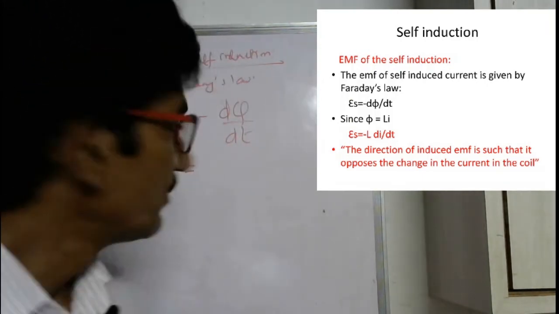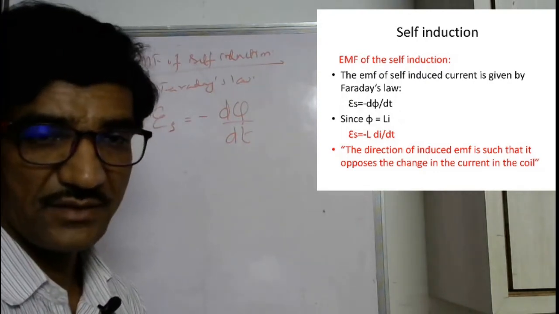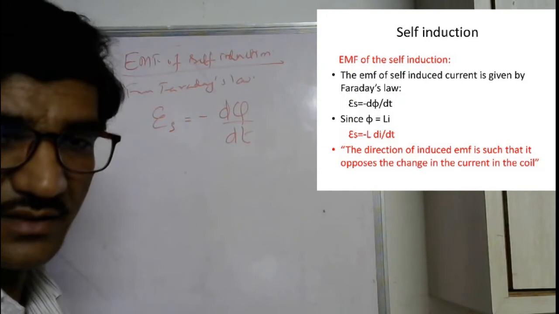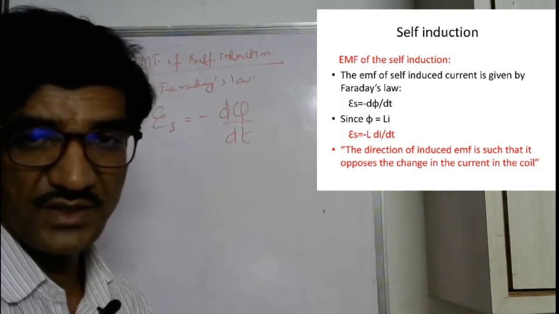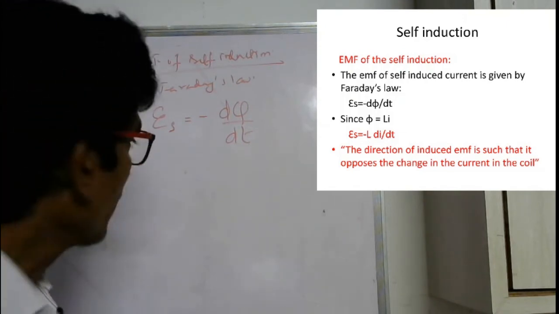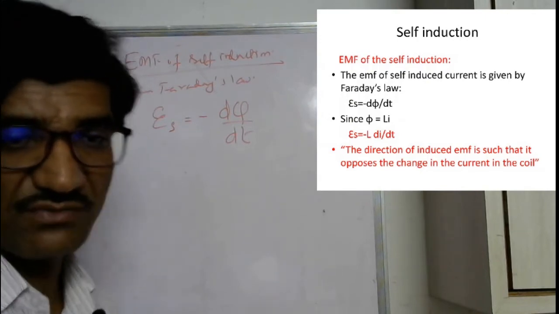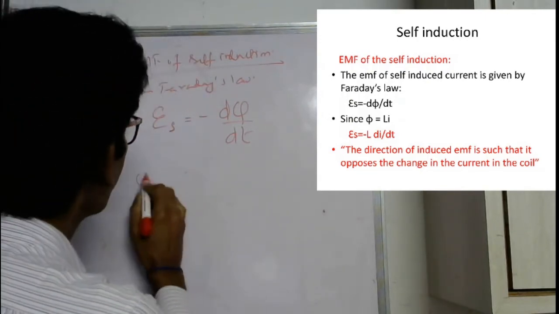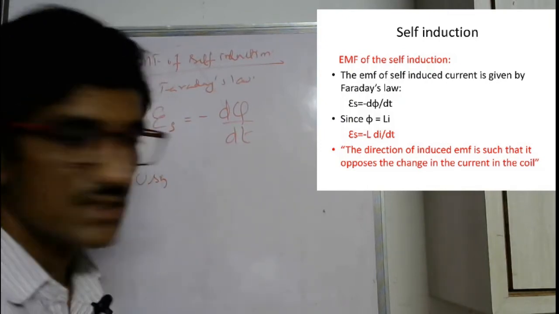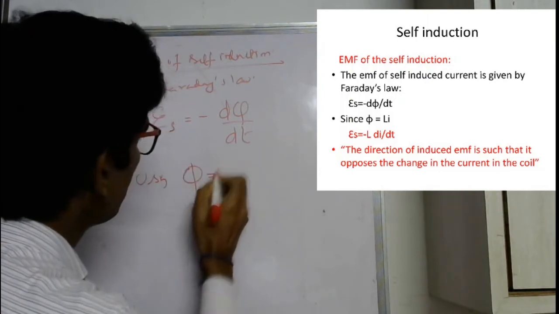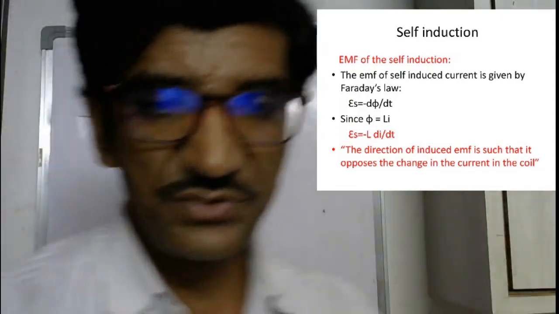Now, if you use the earlier expression which we discussed in the case of self-induction, which we defined to understand the self-induction phenomenon. What is the relation? Actually, from that relation itself, we defined L. Using our earlier relation, phi is given by Li, where i is the current flowing through that loop.